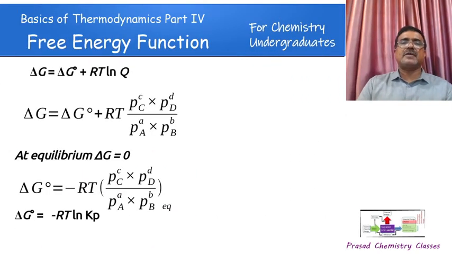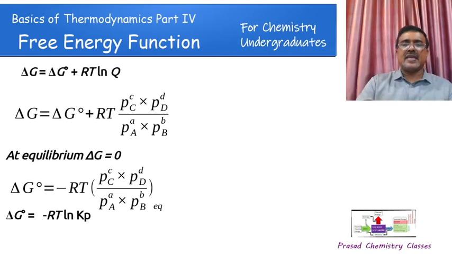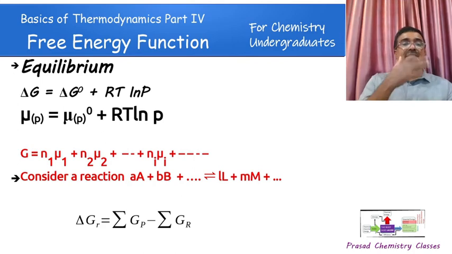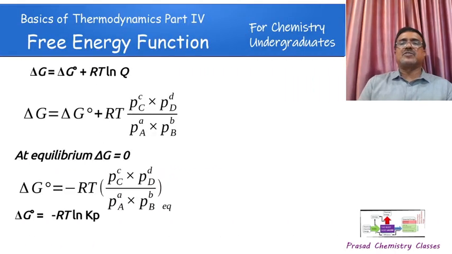When you make all the substitutions we get delta G equals delta G0 plus RT log Q, where, if our reaction is a moles of A plus b moles of B gives c moles of C plus d moles of D, I have taken it like that here in this expression. We can use other symbols as well. Then Q stands for this pressure coefficient.